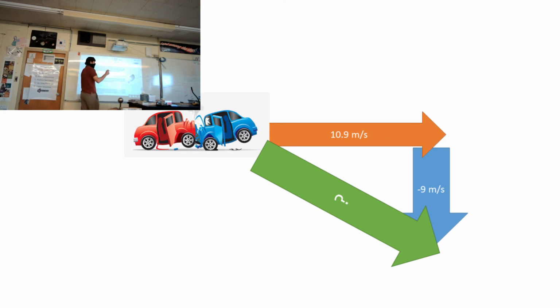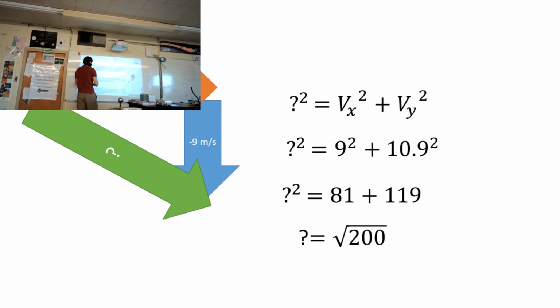You're fine. It's the Pythagorean theorem. So a squared plus b squared is equal to c squared. So big V squared is equal to 10.9 squared plus 9 squared, which is the same as the square root of 10.9 squared plus 9 squared, because you want to square root both sides.